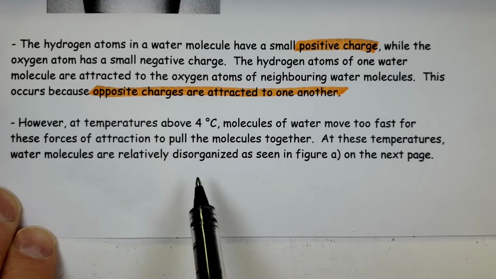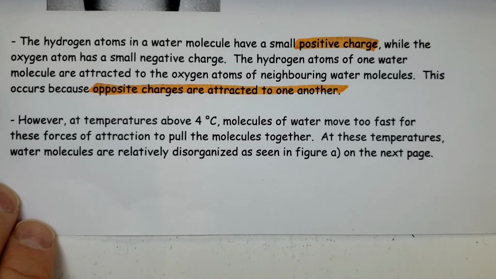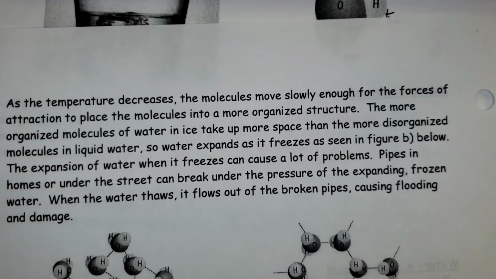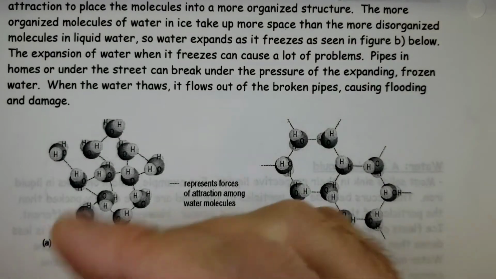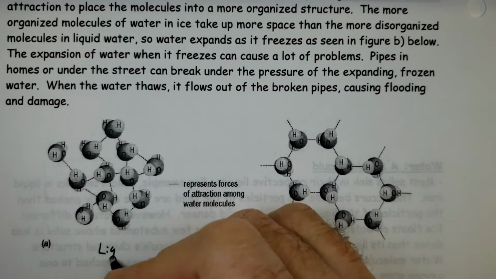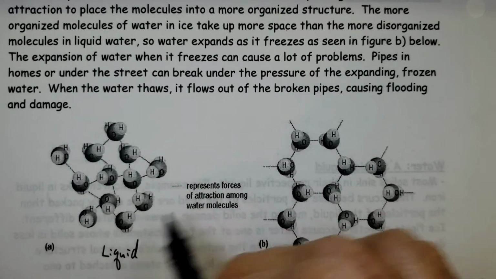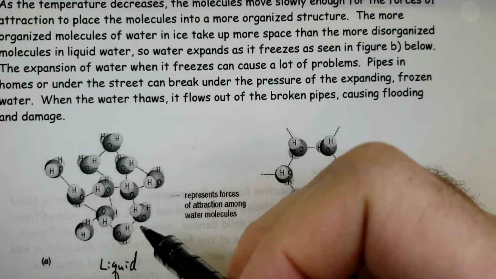At these temperatures, water molecules are relatively disorganized, as you see on the next page. So if we take a look, water molecules are kind of all over the place like this. So this would be liquid. So you imagine these particles constantly moving around, not really attracting each other, but being pretty disorganized like you see here.